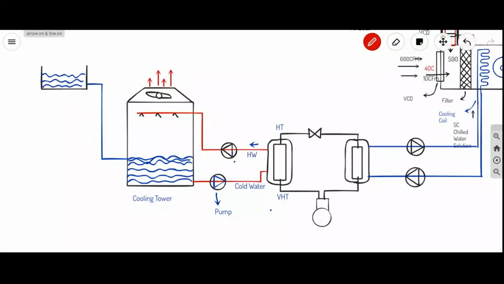Whenever the process is happening, there is a chance that some water may get evaporated. As the water gets evaporated, we need to balance that water. It is connected to the makeup water tank.